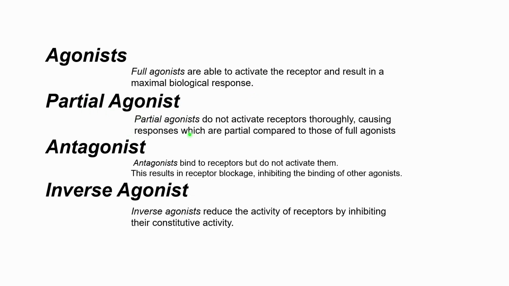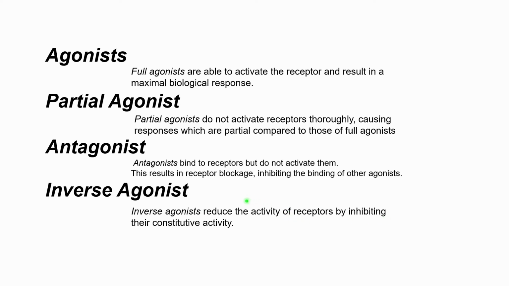Partial agonist do not activate receptor completely, causing responses that are partial compared to those of full agonist. Antagonist binds to receptor but do not activate them. So receptor is blocked and agonist cannot work. Inverse agonist reduce activity of receptor.